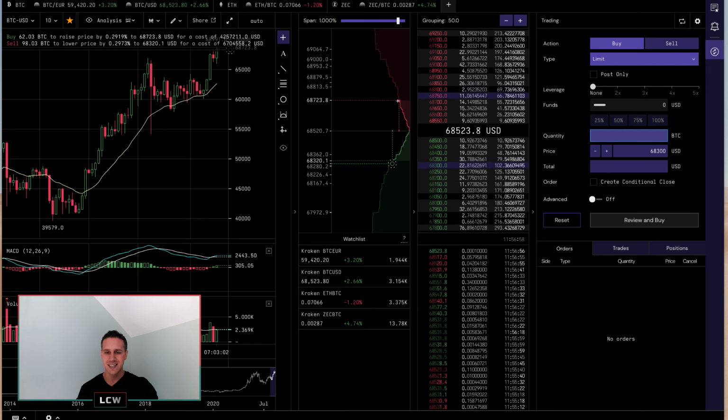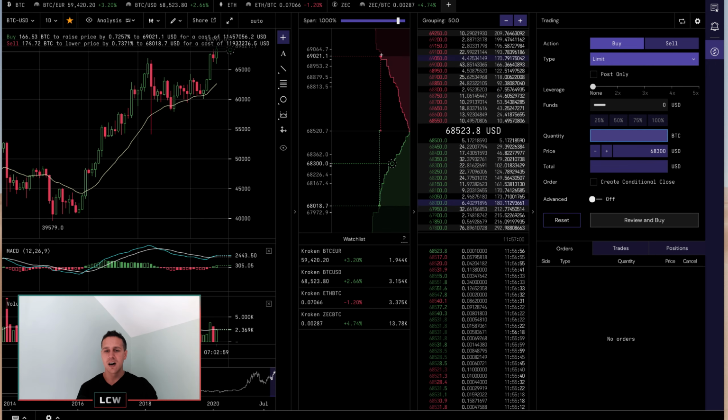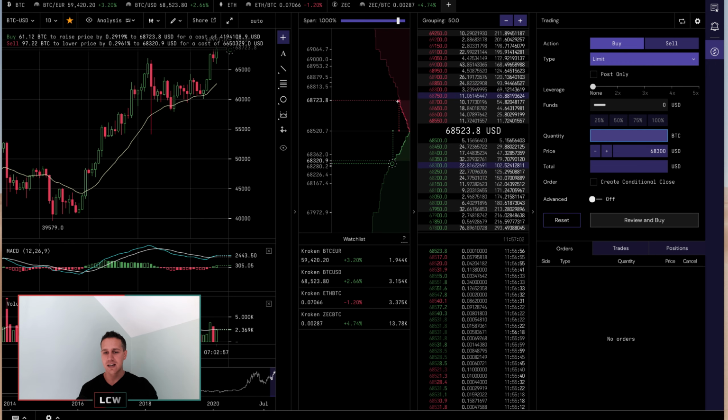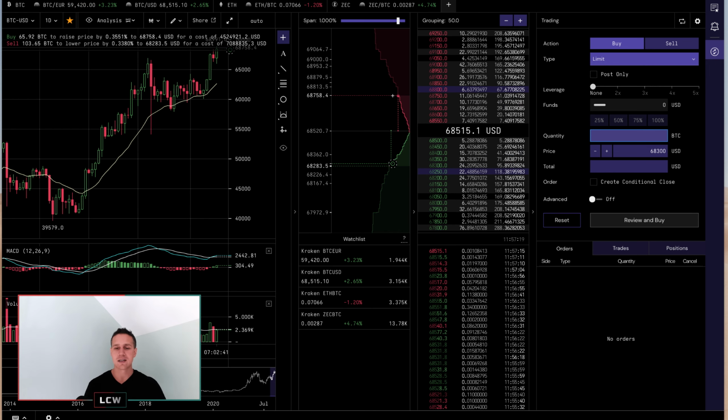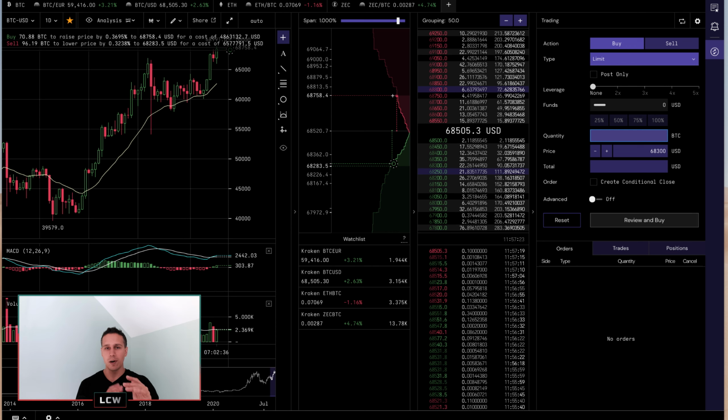And this is a visual representation here on the left of how many orders are outstanding. So we can see here that if there was a price disparity, okay, like the price were to go up 10% or down 10%, there would be more orders filled if the price went down 10% versus if it went up 10%. So it gives you kind of an example of where the market's moving.